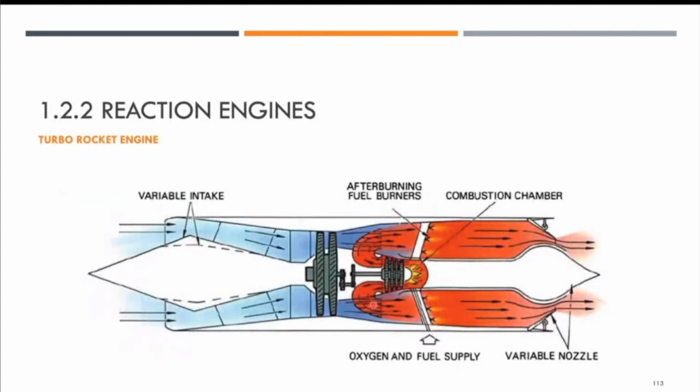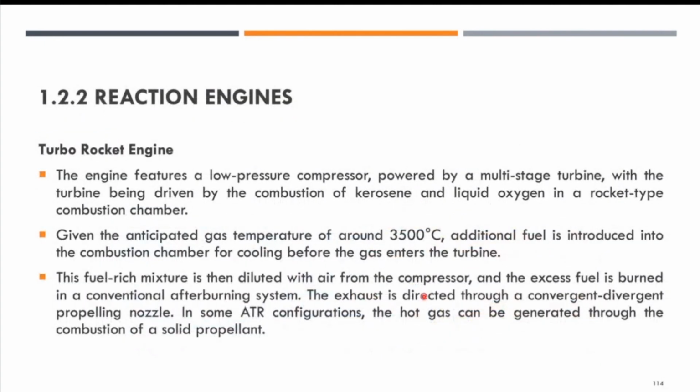Here in the turbo rocket engine, you have the variable air intake, afterburning fuel burners, combustion chamber, as well as oxygen supply to create the rocket propulsion. The turbo rocket engine also features a low pressure compressor powered by a multi-stage turbine.